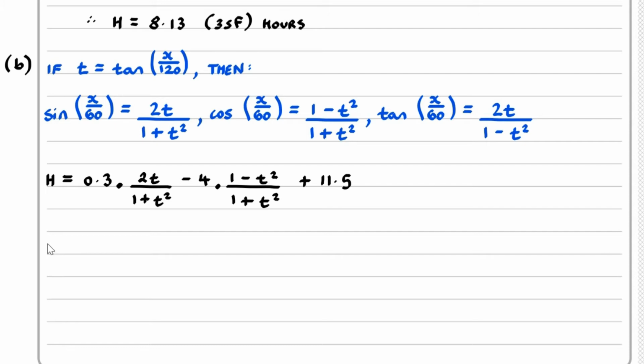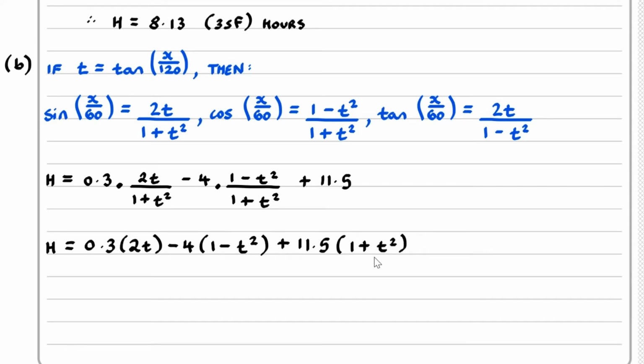So h is equal to, well, here I've got 0.3 times by 2t, subtract 4 multiplied by 1 subtract t squared, and then if I want my denominator to be 1 plus t squared, then I would add on 11.5 multiplied by 1 plus t squared, and then on the bottom we would have 1 plus t squared.